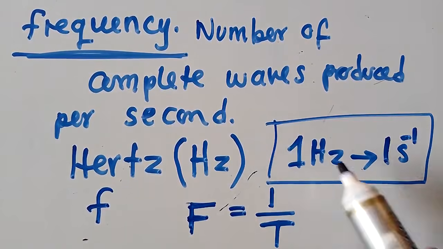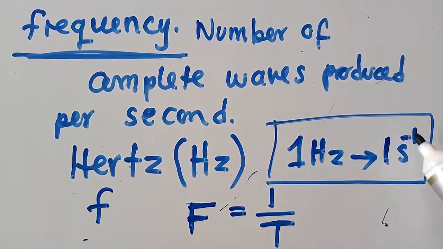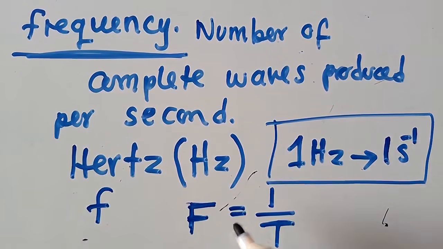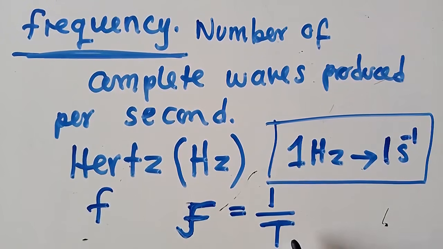Frequency is inversely proportional to period, and this is the formula that we get to use. This must be a small letter f. This is the formula for frequency. Let's make sure we understand this point. This is under waves.